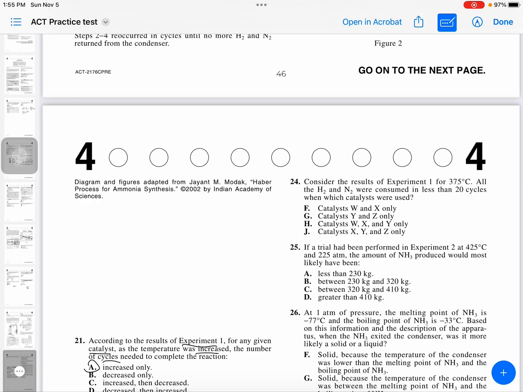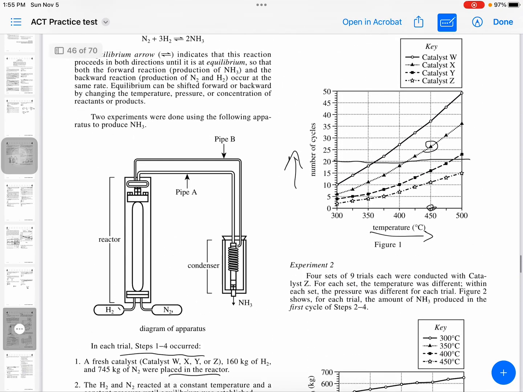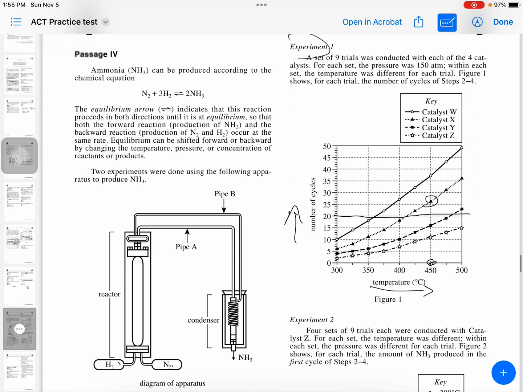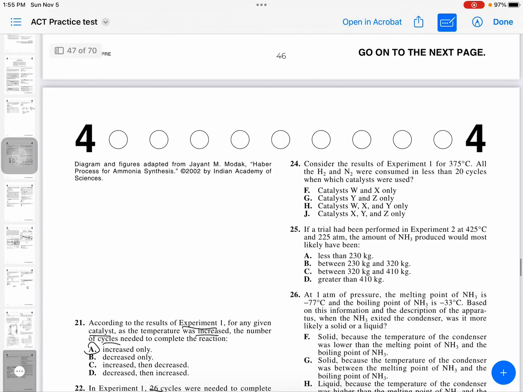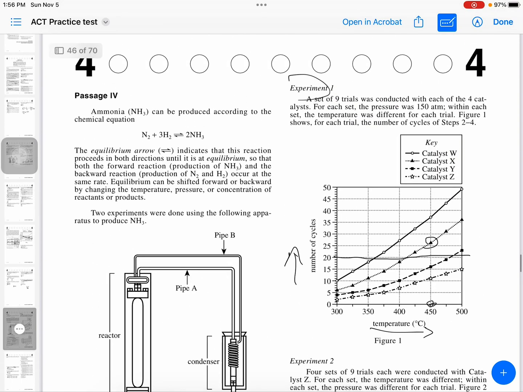All H2 and N2, experiment number 1, all H2 and N2 were consumed in less than 20 cycles when which catalysts were used in less than 20 cycles?